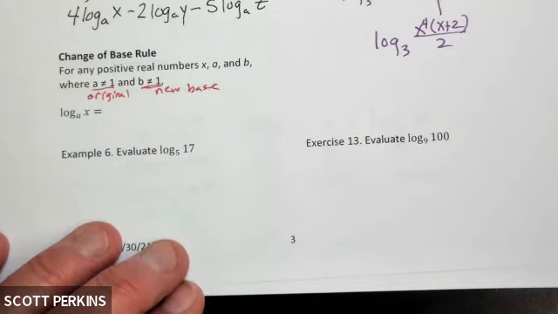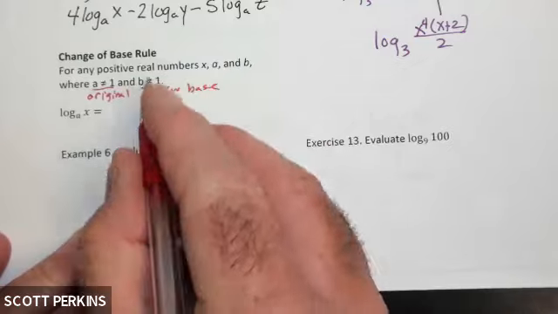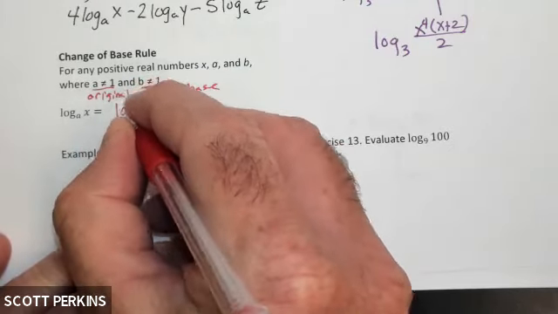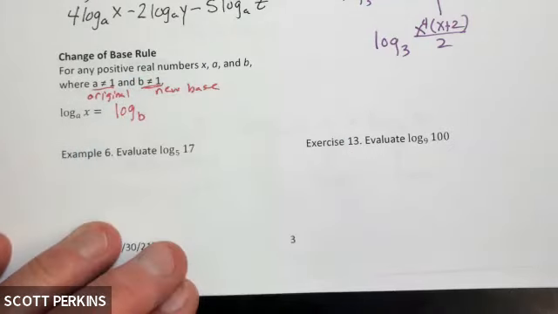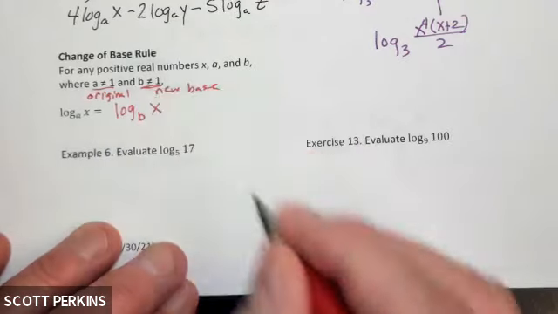Then this is how you can change the base so that you could use your calculator, or if you were interested in using another base, you would say, okay, my new base is b. So in the numerator, I'm going to have log base b of what I was already taking the logarithm of, which is x.